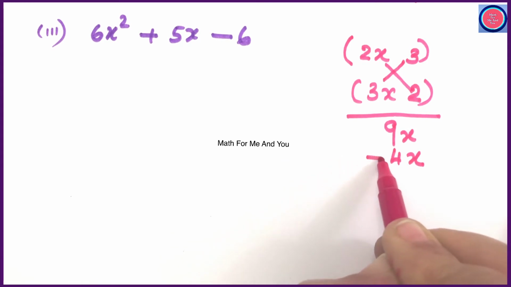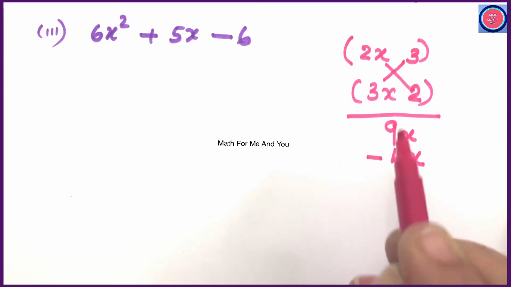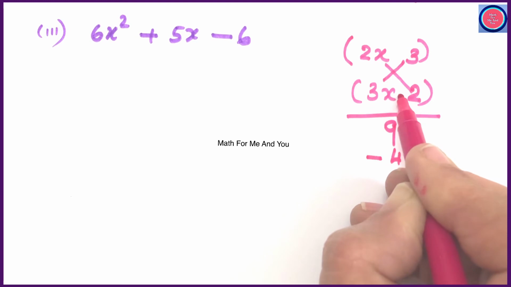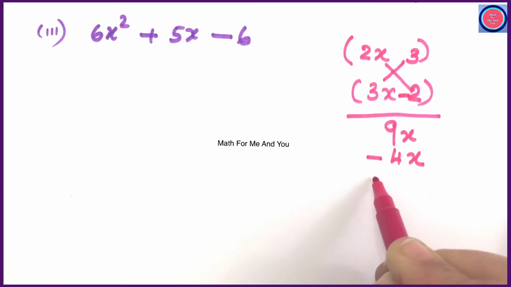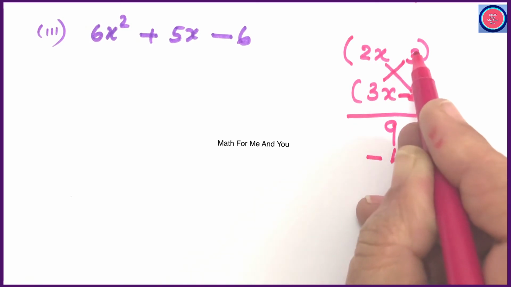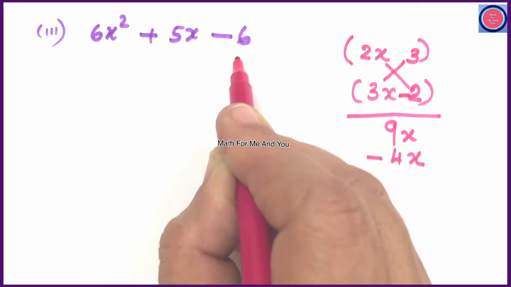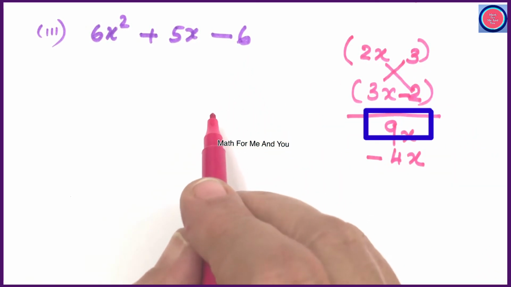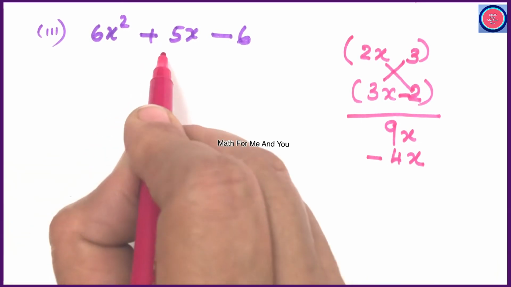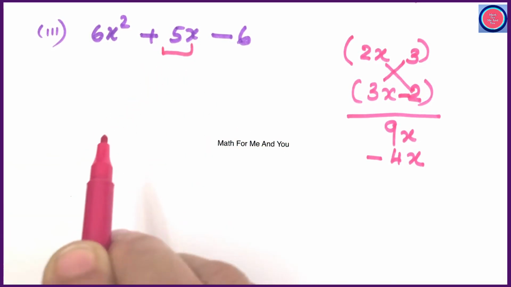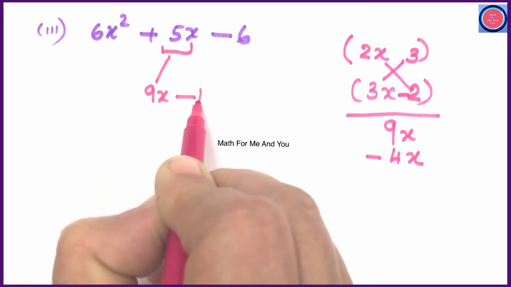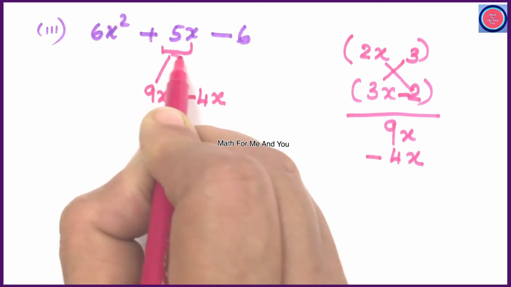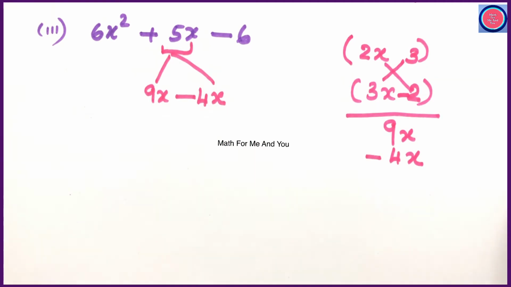That means we have to change 2 as negative 2 to get minus 4x. 2x times minus 2 is minus 4x and 3x times 3 is plus 9x. So using 9x and minus 4x, we can split the middle term 5x. Plus 9x minus 4x gives us plus 5x. So we split the middle term as 9x minus 4x.